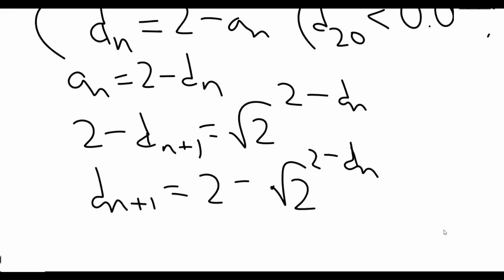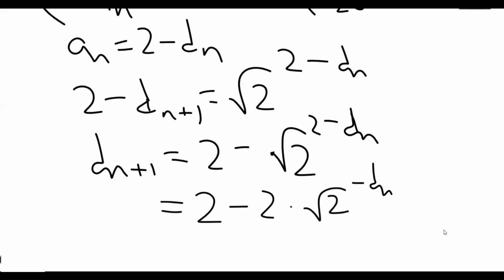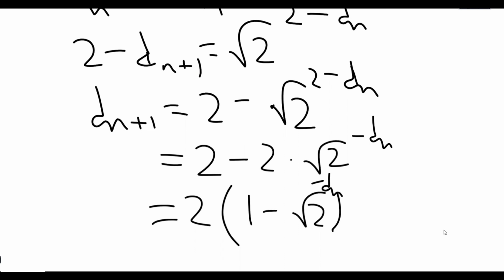And now root 2 squared is just 2, so let me take that out. I'll get 2 minus 2 times root 2 to the minus d_n, and I'll factor out the 2. Okay, so d_(n+1) is this mess here.